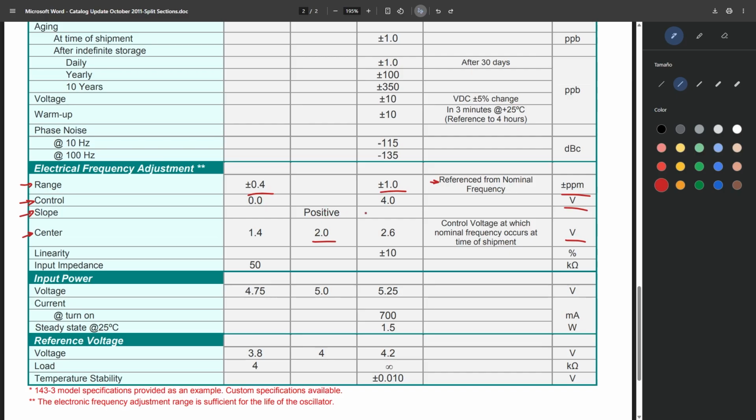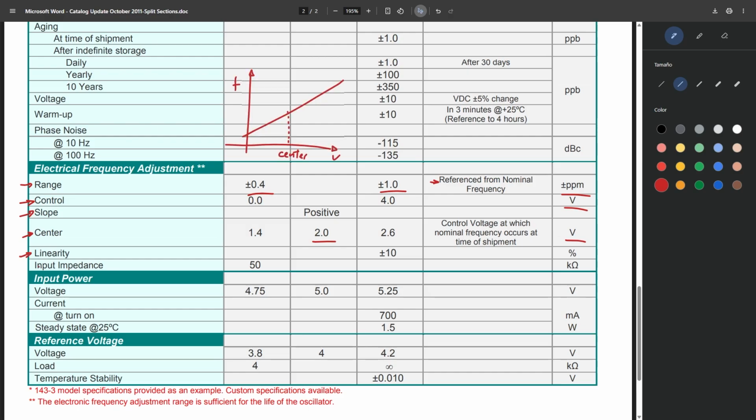From this information, we can deduce the following. By applying a voltage between 0 and 4 volts, we will be able to vary the frequency of the OCXO. If we go over the center, the frequency will increase, and if we go below the center, the frequency will decrease. We can expect the OCXO to vary its frequency linearly, but we don't get much information about it.